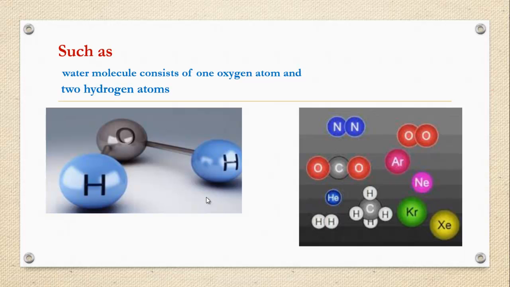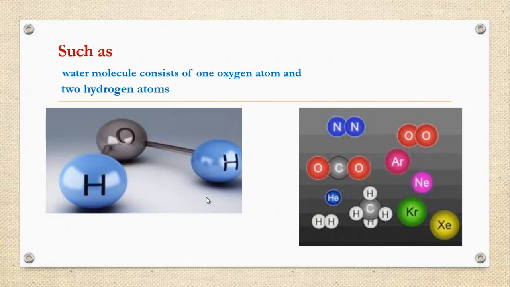Matter, any matter consists of, excellent, a group of molecules. And each molecule consists of what? A group of atoms. The molecule may consist of one atom or more than one.